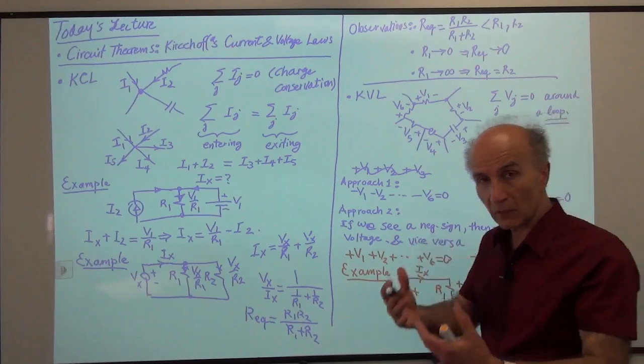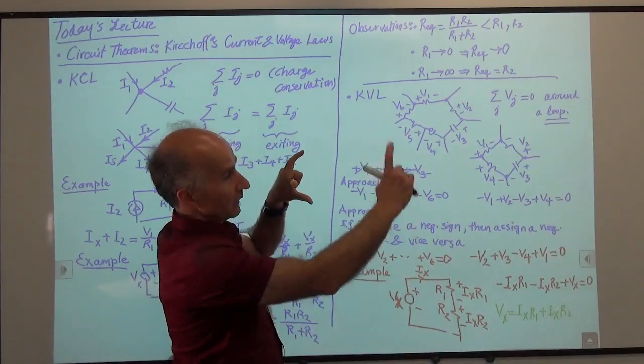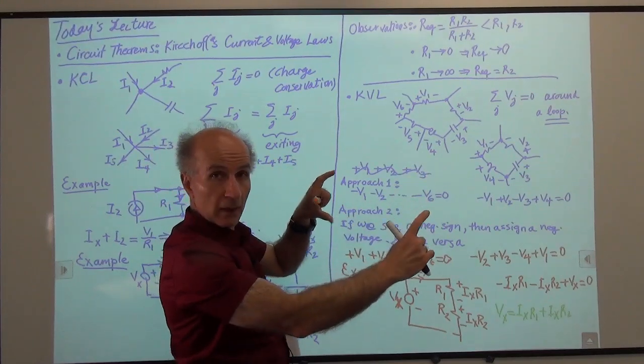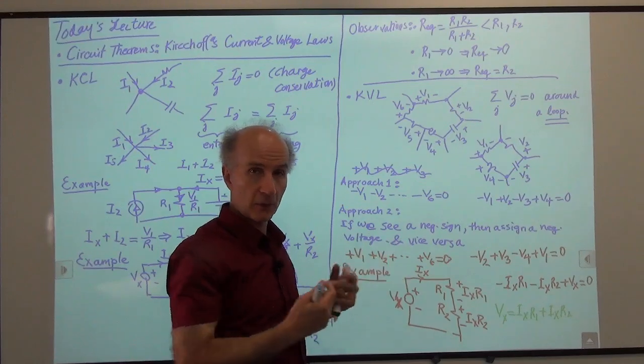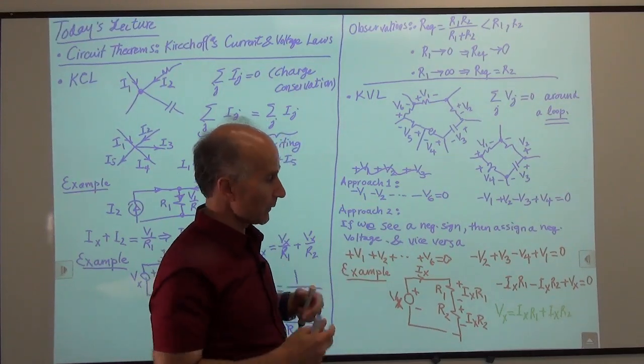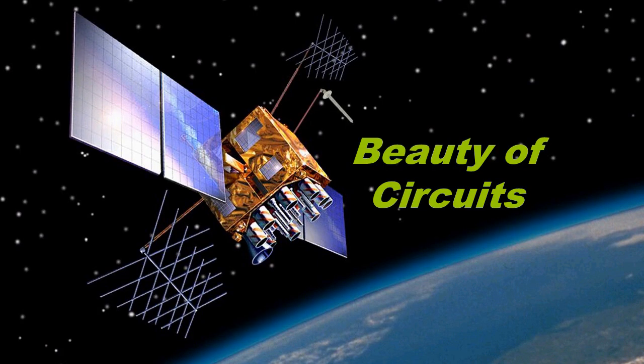So this articulation that some voltage here is equal to the sum of some other voltages here is really KVL, except that it's worded differently, and it's very useful in many cases. So as we go along, we will see many examples of these things.